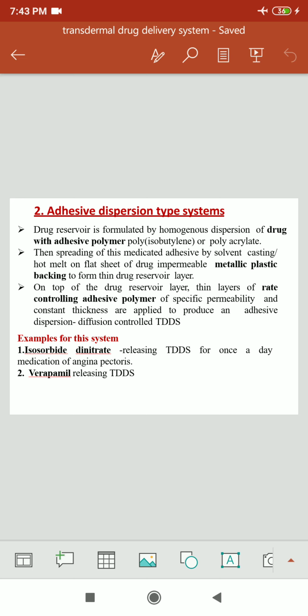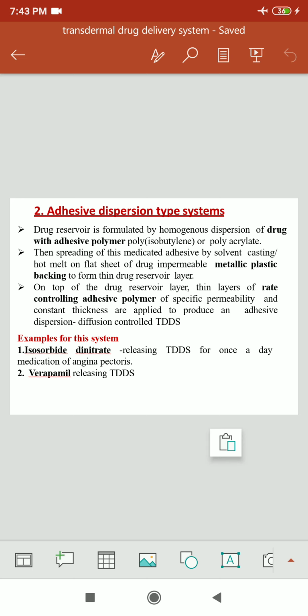Here we mix the drug plus adhesive polymer; after melting, this mixture is applied onto the metallic plastic backing to form the thin drug reservoir layer.